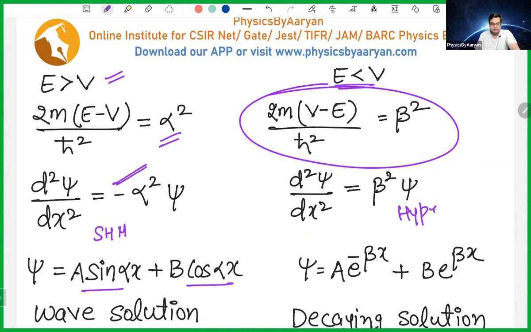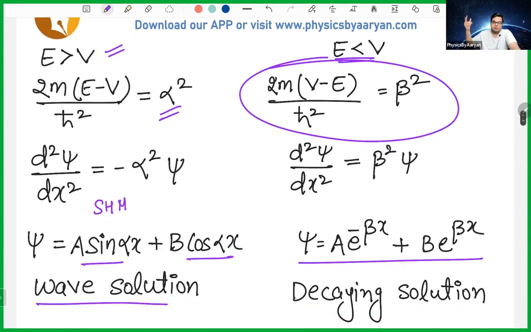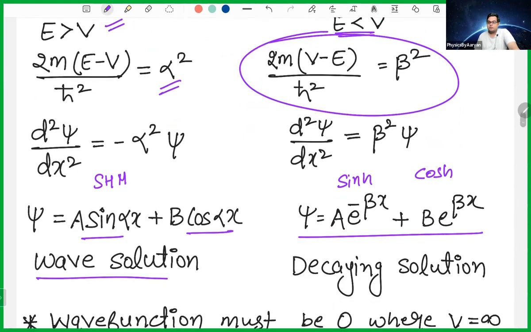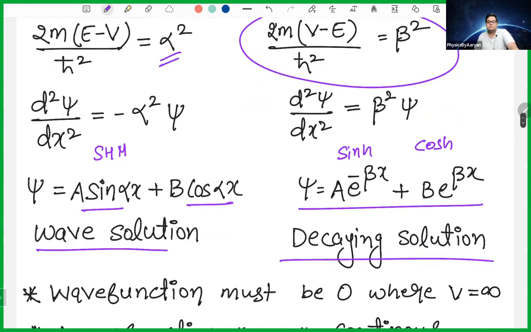If there is a negative sign here, then you have a wave solution, sine and cosine solution. But if you have no negative sign here, then you have a solution something like this: A e to the power minus beta x plus B into e to the power beta x. Or you can even write this as sine hyperbolic or cos hyperbolic. So basically the solution that you get is decaying.